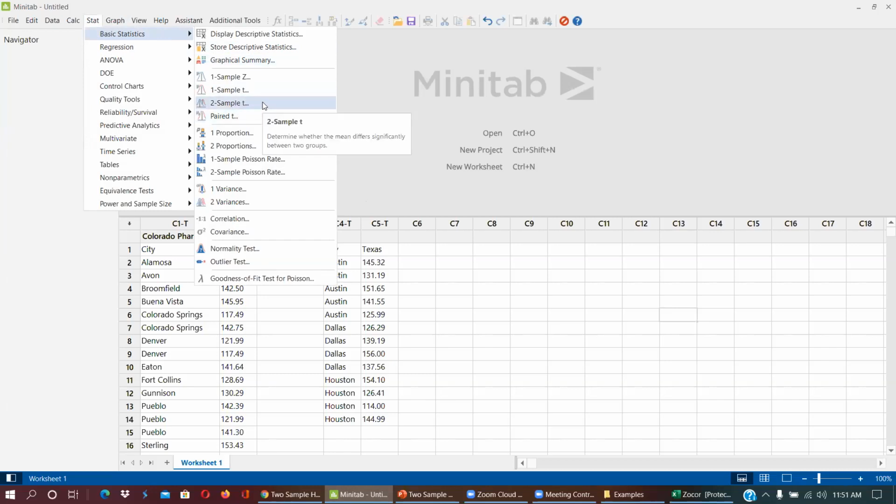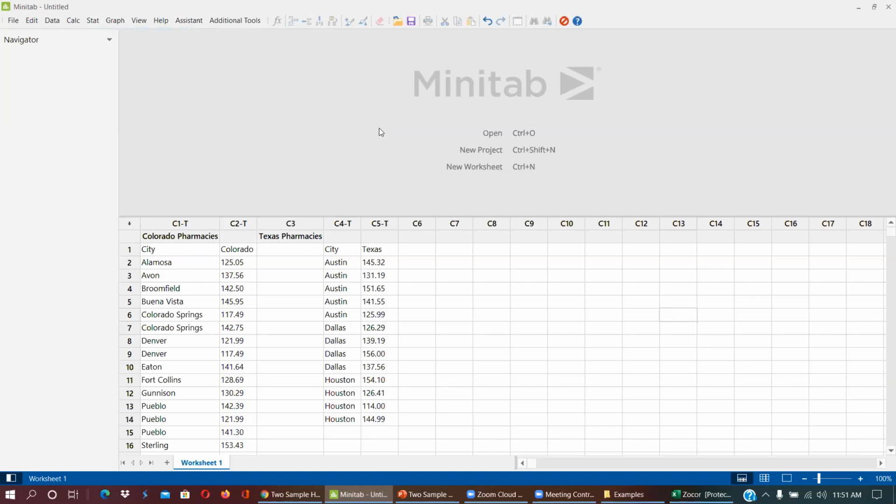You have the paired t-test, where you have two situations, before and after. This is the two proportions test, and here is two variances. So these are the cases we are going to use: two sample t-test, paired t-test, two proportions and two variances.